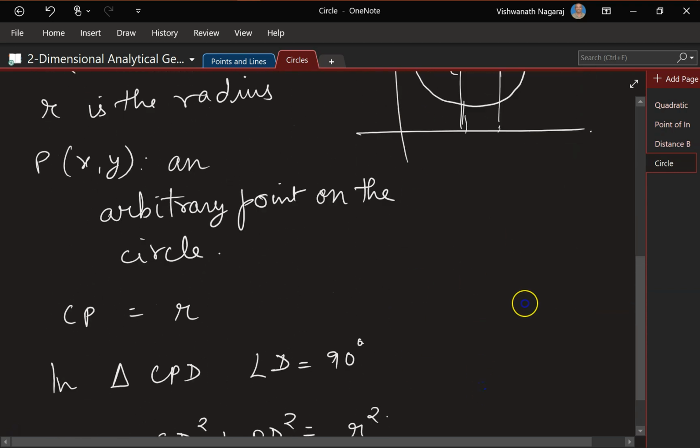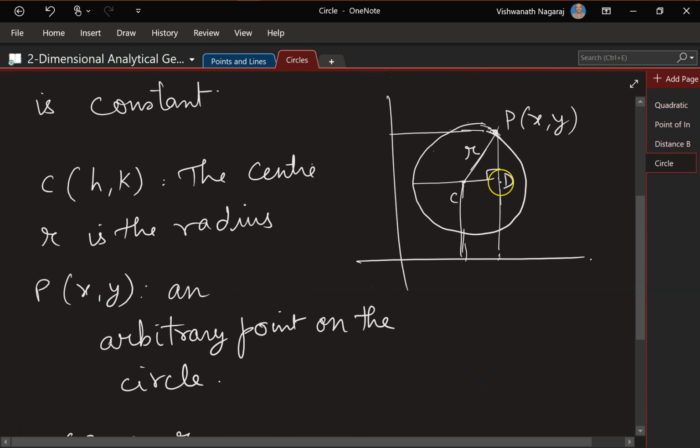Now what is CD? Remember, here C is (h, k), so here it is h, and here it is x. So this distance would be x minus h.